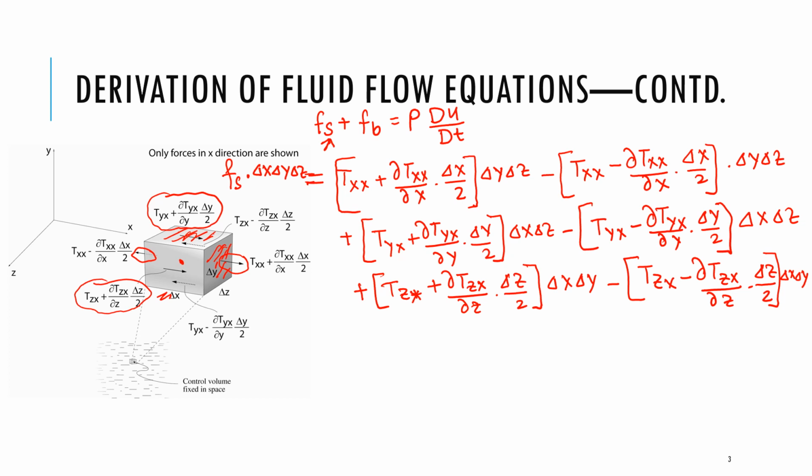Now we simplify. You notice that this one and this one are going to cancel. So we cancel those, and I also divide by this quantity on both sides.